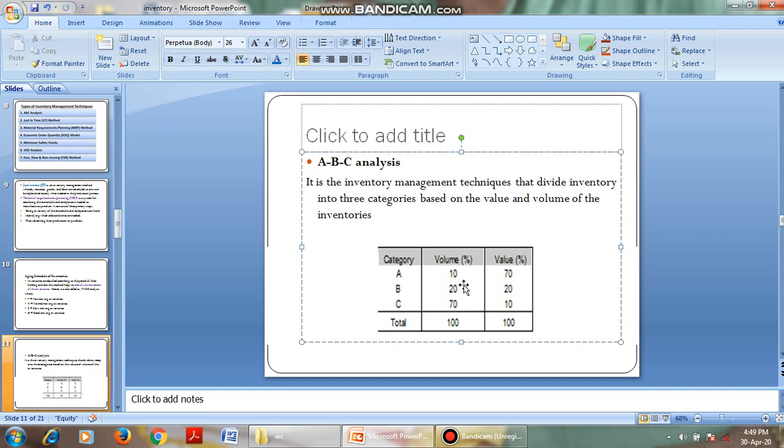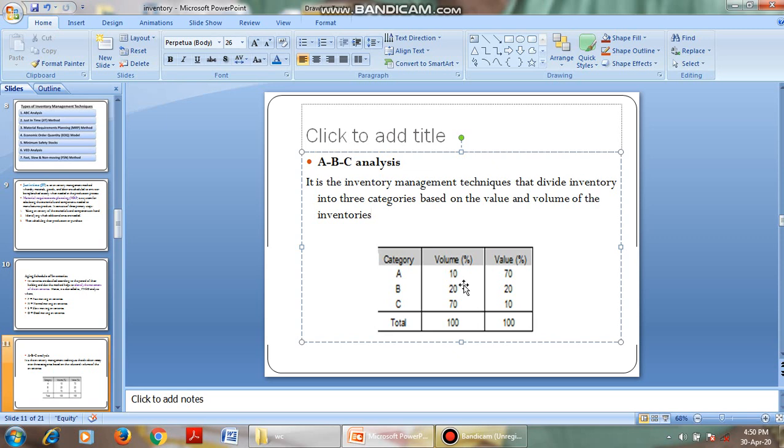Obviously, gold is valuable. But in case of volume, coal is 10 kgs, but its value is less. Whereas gold, its volume is less, only 5 grams, but its value is more.